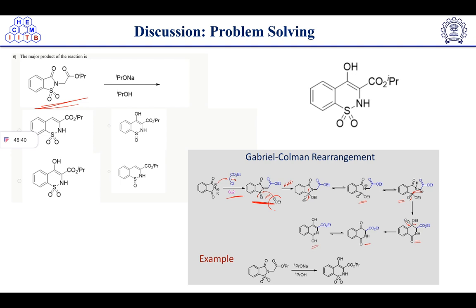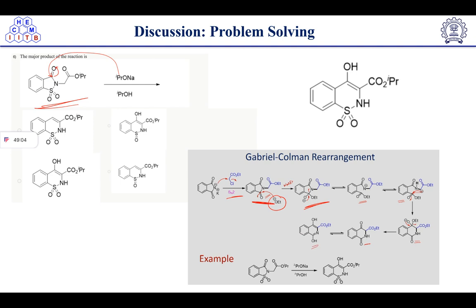Next, the base will attack as a nucleophile. Sorry, this will act as a nucleophile on carbon, and attack will take place at the carbonyl center. So here also this attack will take place at the carbonyl center. Okay, so it will form this type of intermediate.